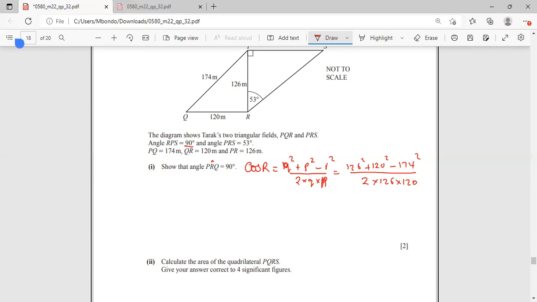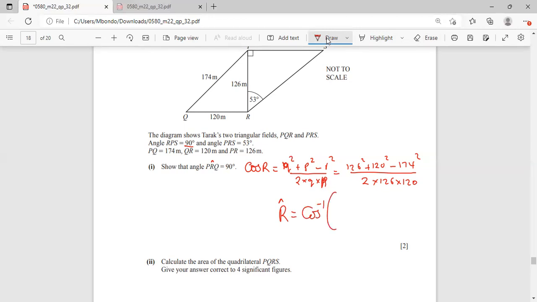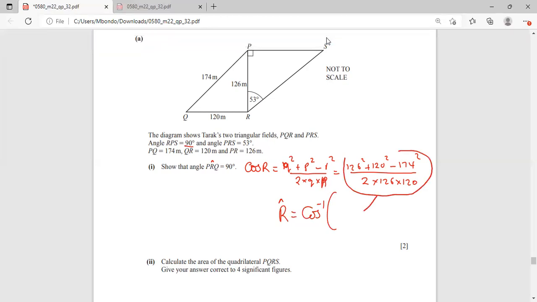Then we say cos. Okay. In fact, at this point we can go ahead and find the angle. Let's try and see. Of course, I don't know the type of calculator that you're using, so I can say this angle here, which is at R, is going to be equal to the inverse cos of this one. Then you bring this as it is here, down here. Then you close. Okay. What do you get?